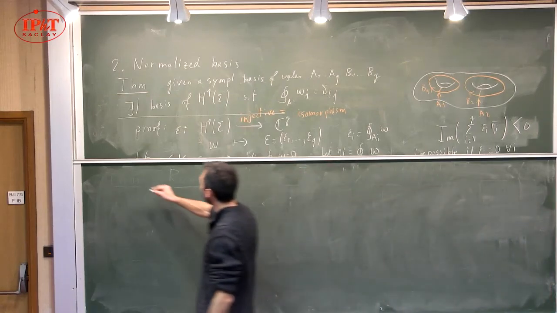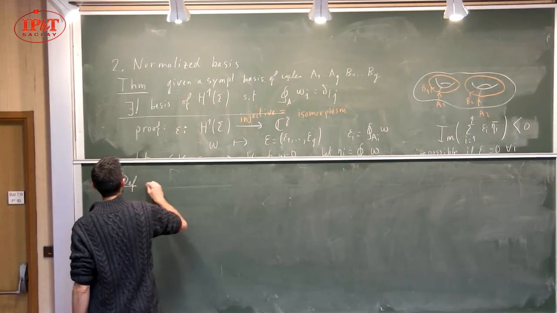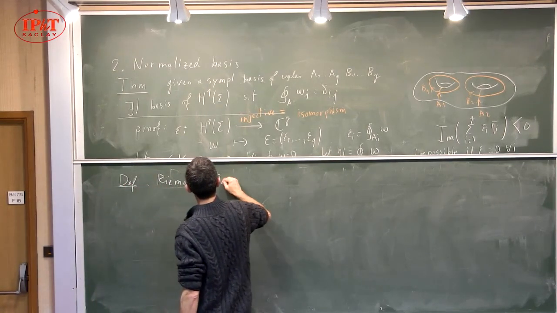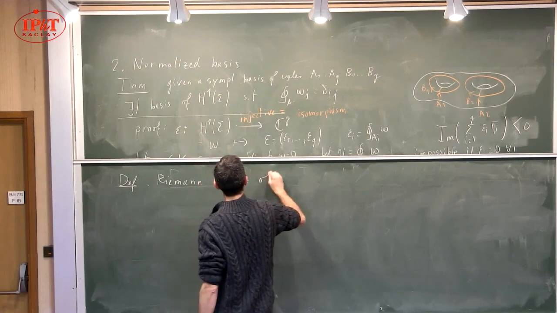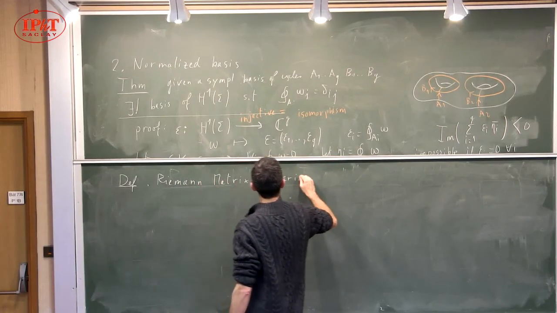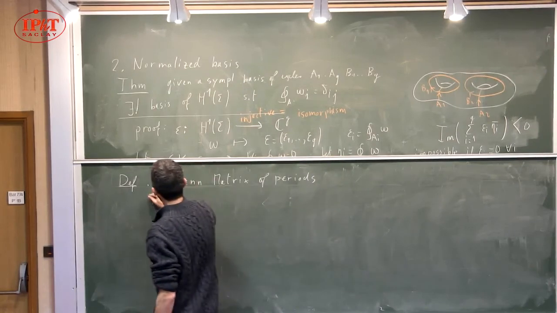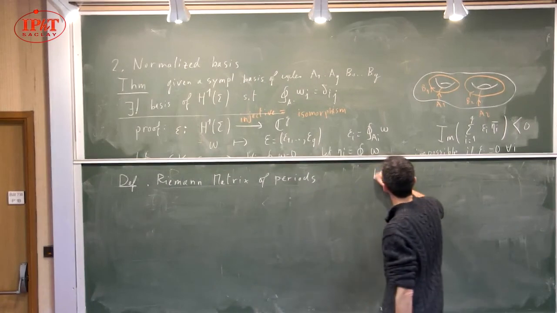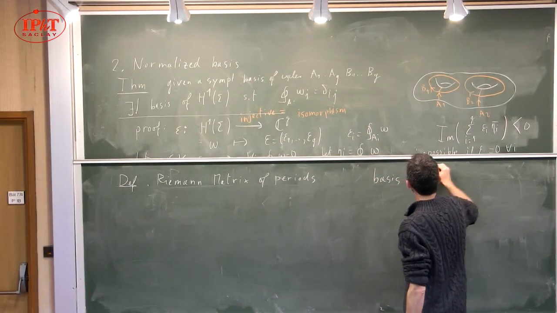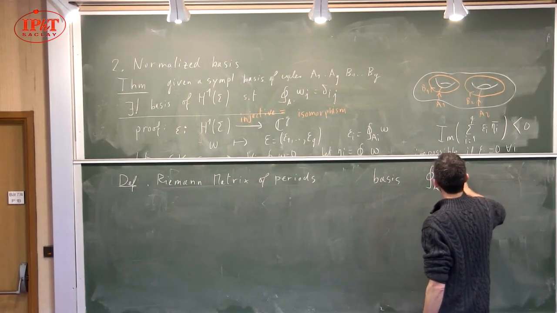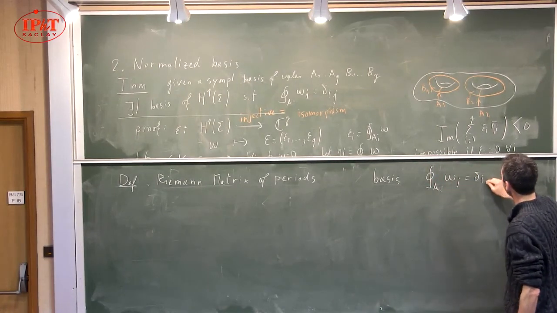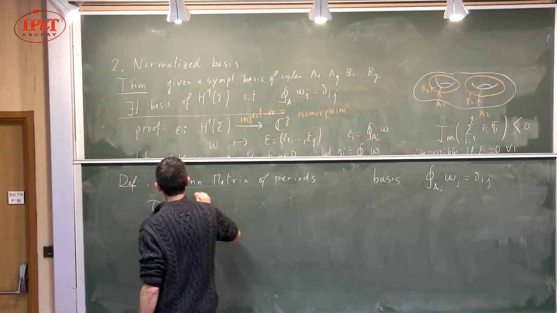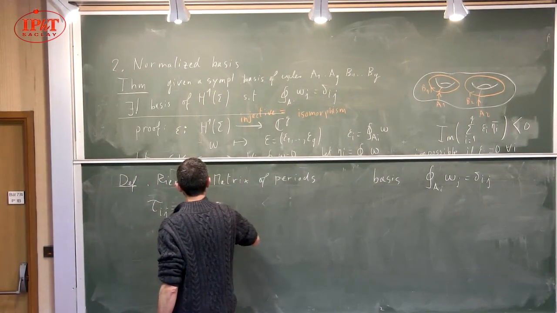So now a definition: the Riemann matrix of periods, tau_ij. We have chosen our basis, so the integral over a_i of omega_j equals delta_ij, and we define tau_ij as the integral over b_i of omega_j.